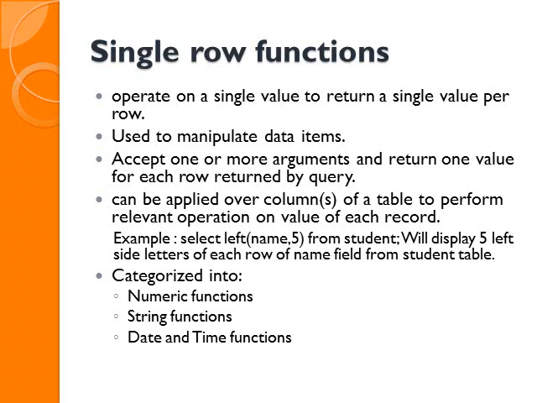Single row functions can be applied over a single column or more than one column of a table to perform the relevant operation on the value of each record depending upon the function we are using. For example, select left of name, 5 from student. It will display 5 left side letters of each row of the name field from the student table.